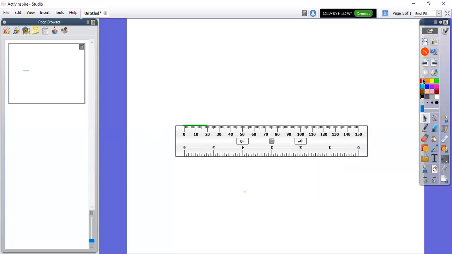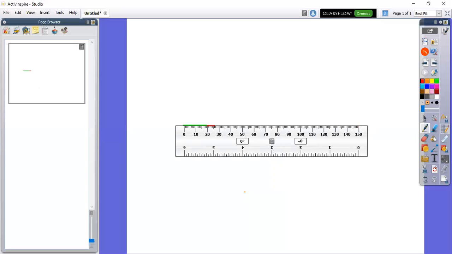I want to make it 6 more millimeters long. I'm going to change colors, and draw a line from 20 for 6 more tenths of a centimeter. This little halfway point is 5, and then 1 more would be 6. Now I have a line that is 2 and 6/10 of a centimeter long.